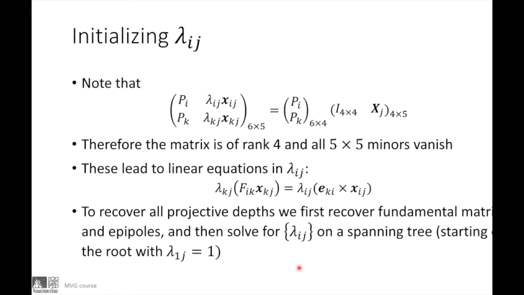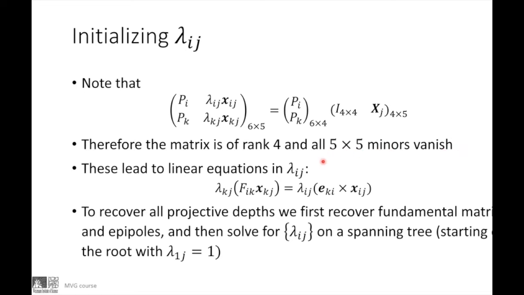Could you please repeat the meaning of the subscripts, the notation here in the linear equation in lambda? Okay, so we have this 6x5 matrix, and we know that it's rank 4 because of this factorization. This means that any 5x5 submatrix has determinant 0.